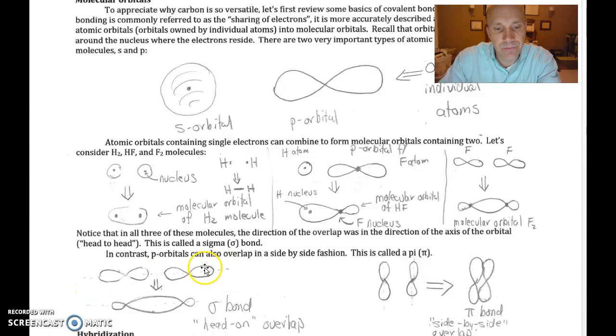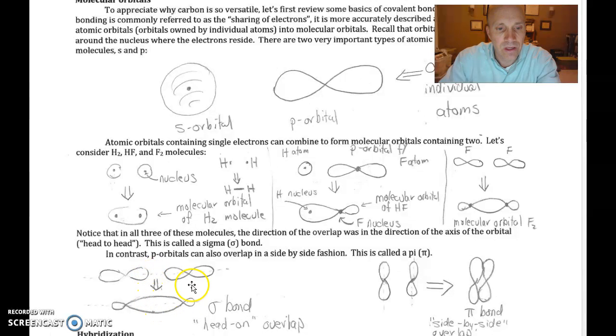So, for example, if I show those two p orbitals and I draw the axis down the center of those p orbitals, you'll notice that the bond is along that axis. So an easier way of saying that is it's a head-to-head type of bonding.